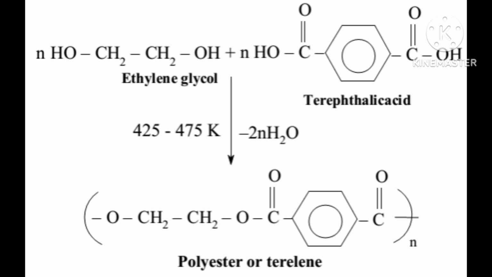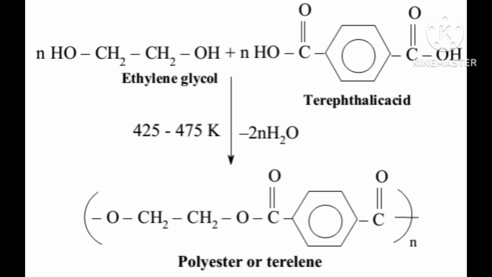You know that some molecule will come out like H2O, HCl, HBr, HI, meaning a halide will come out. Sometimes alcohol may also come out during the reaction. Okay, condensation reaction. Then here, terylene or dacron, whatever you call it, both are the same. I will tell the reaction.